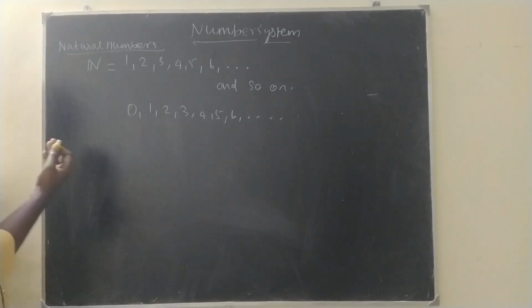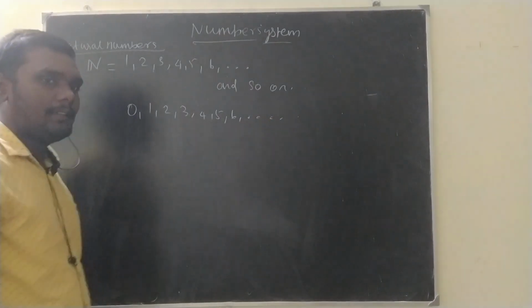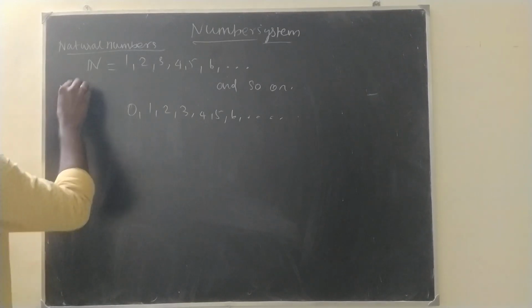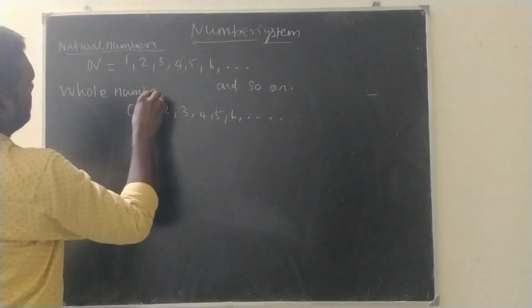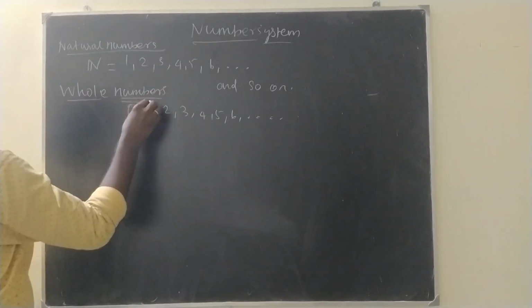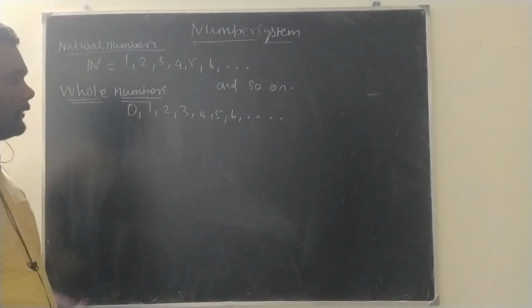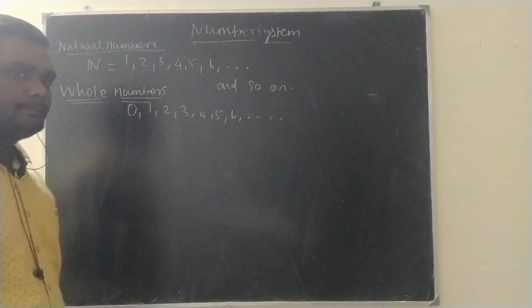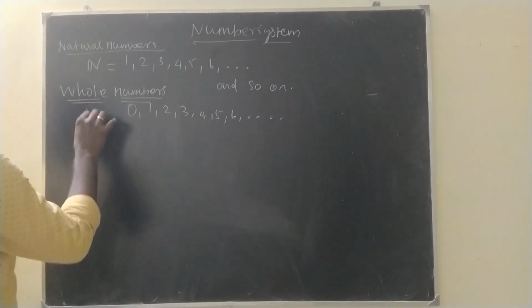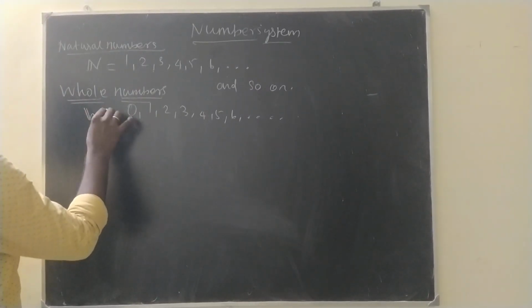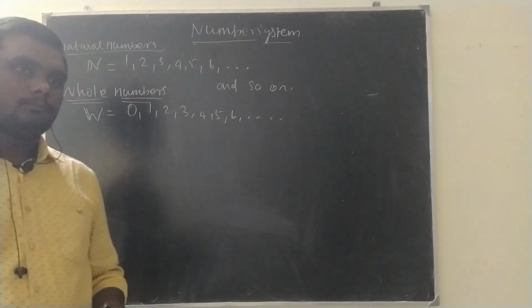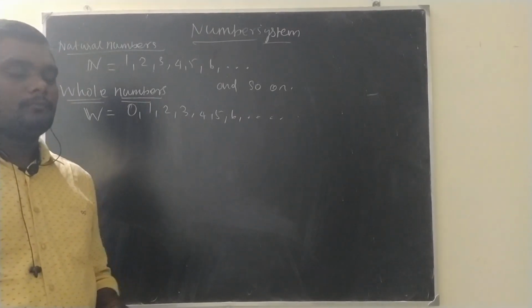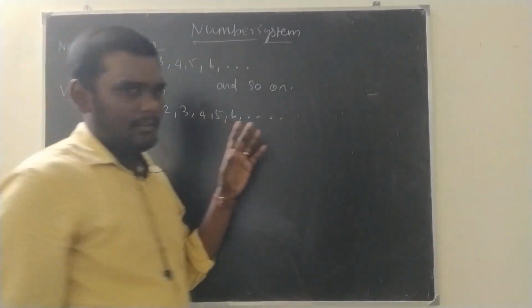All these numbers together are called whole numbers. And guess what? How are whole numbers denoted? By the letter W.